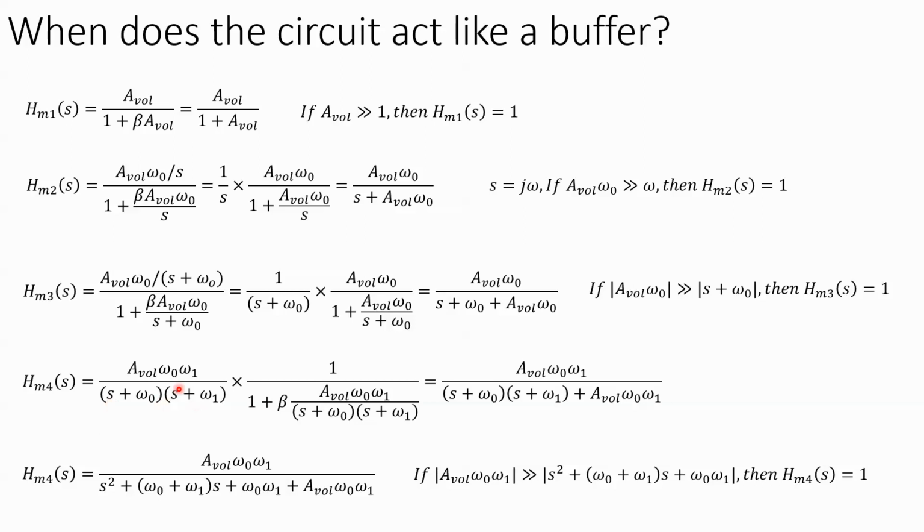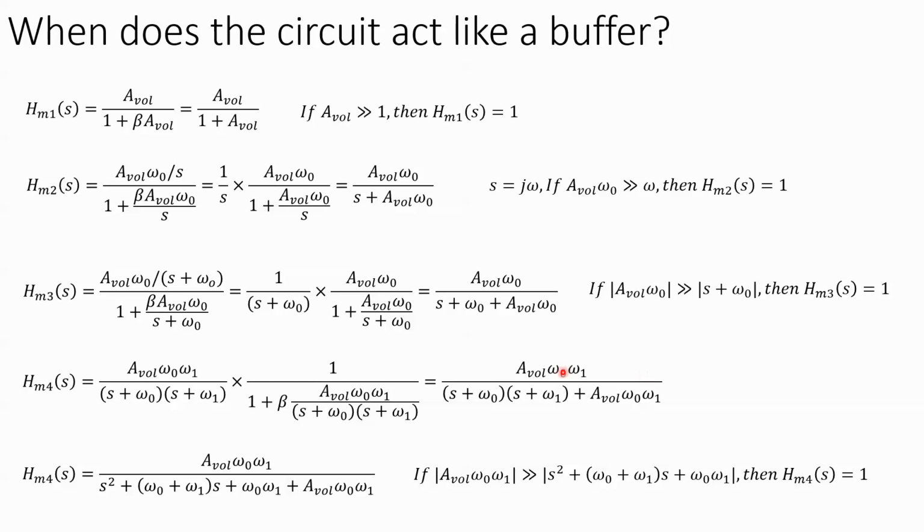We have a second order. We just put in our second order transfer function for the op-amp, and we'll get this, where we have a second order here plus a constant. Now, to say when will it behave like a buffer, well, when this is a lot bigger than this whole part, right, when the magnitudes are greater, then it'll collapse to 1.